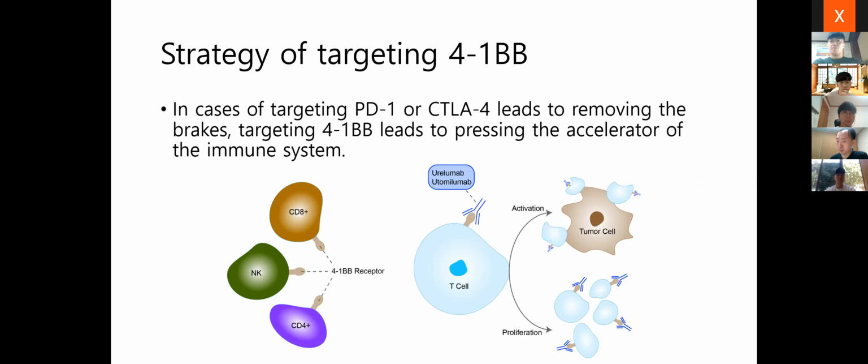That is the strategy of anti-PD-1 and anti-CTLA-4 drugs. But anti-4-1BB drugs lead to pressing the accelerator of the immune system. So when we use these anti-4-1BB drugs, we can make the immune system stronger. So this is quite a different strategy.